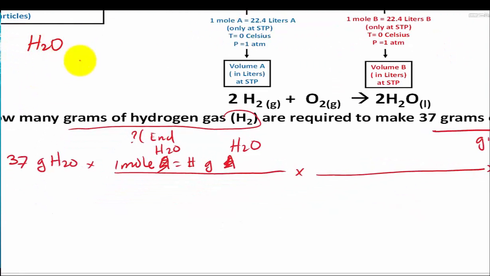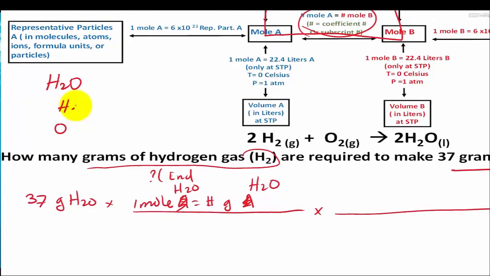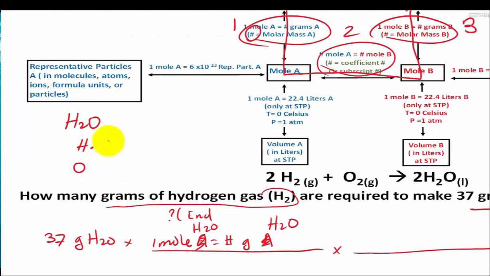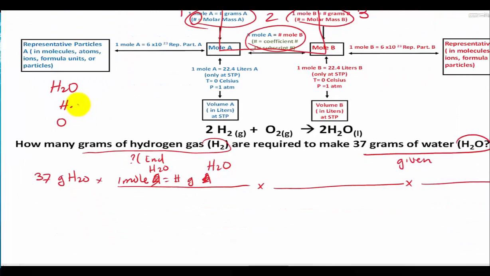And how do you find the molar mass of water? We have to list the elements in water molecules, which is hydrogen and oxygen. Then we count how many moles of each element we have. We have 2 moles of hydrogen, and we have 1 mole of oxygen. Then we multiply by the atomic mass on the periodic table.